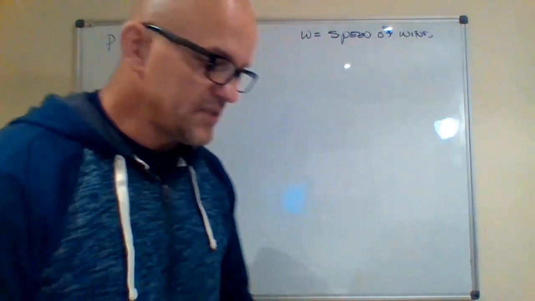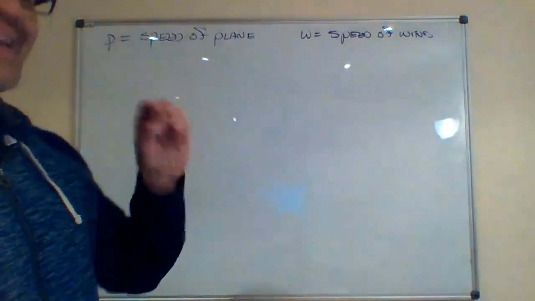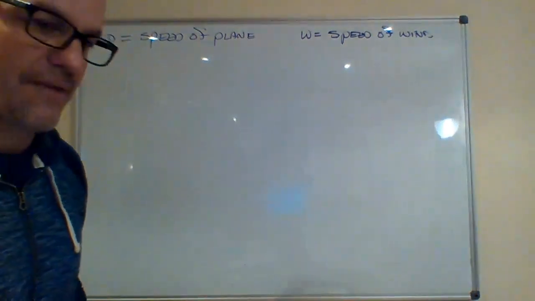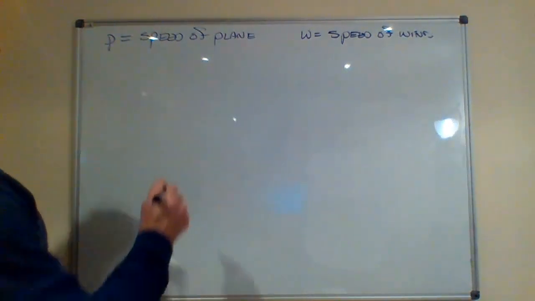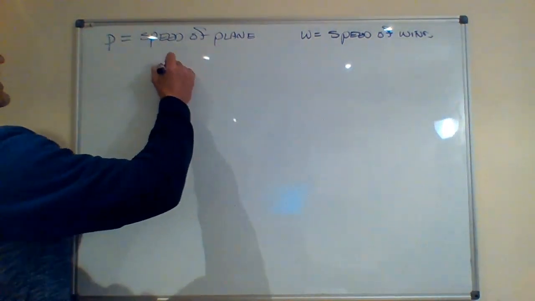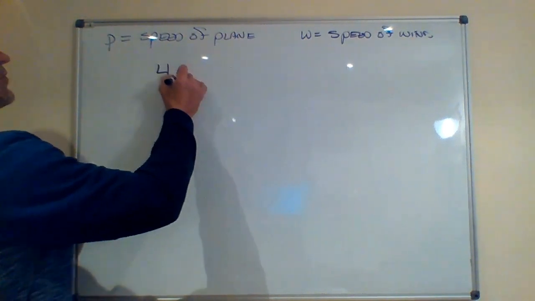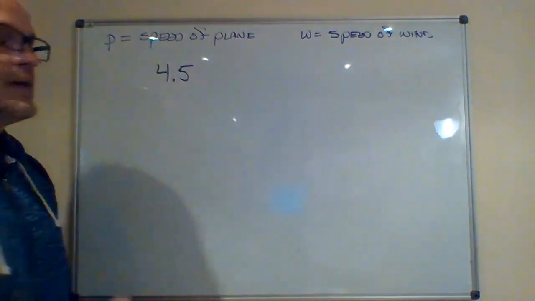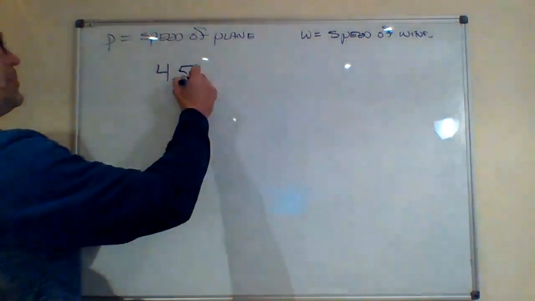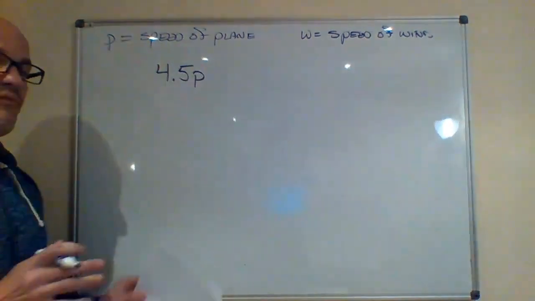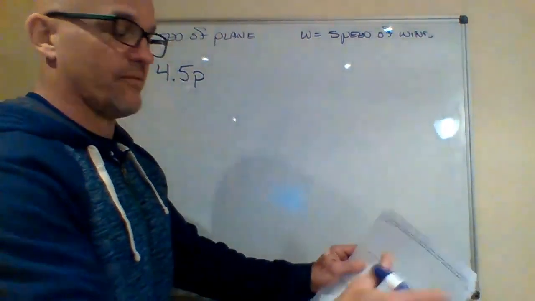So it says it flies into the wind, against the wind current, for 4.5 hours. So what we're going to do is take that 4.5 hours, that's its time, and multiply it times the speed of the plane. That'll tell me how far that plane's trying to travel.